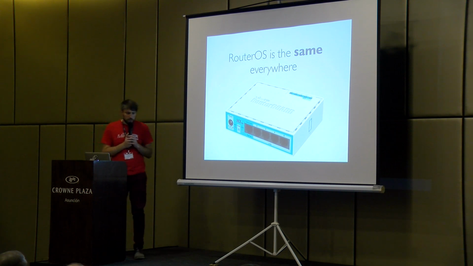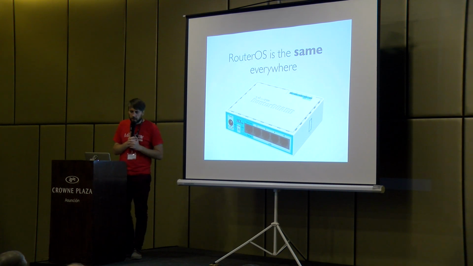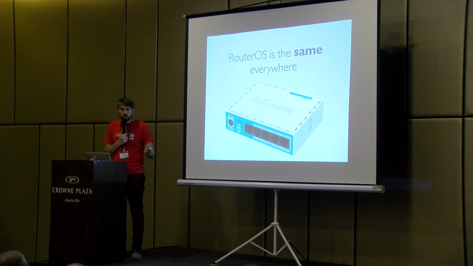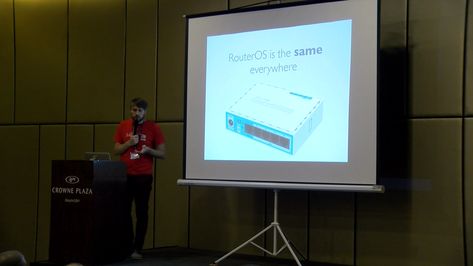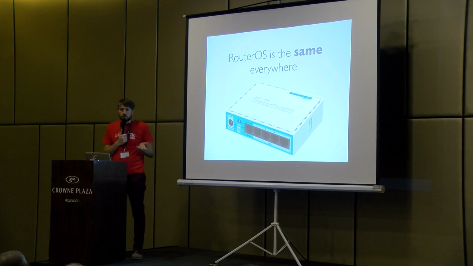So the first thing I would like to start with is that MikroTik RouterOS is the same everywhere. Every device runs the same MikroTik RouterOS, and all the features are available, starting from small boards like mAP or hAP, up to CloudCore routers or x86 or similar devices. So what does it mean?